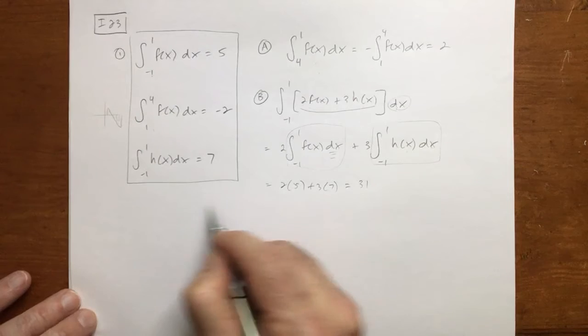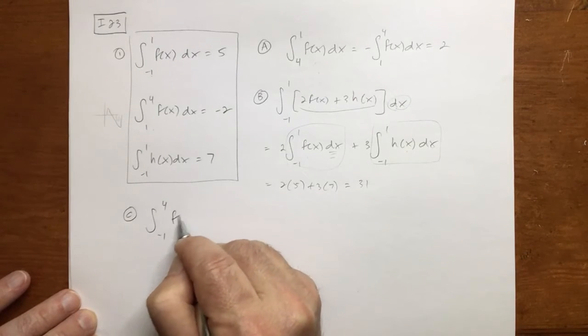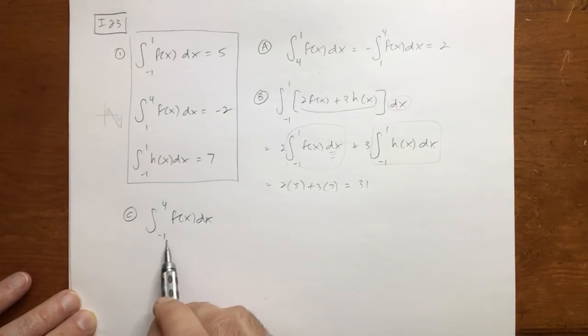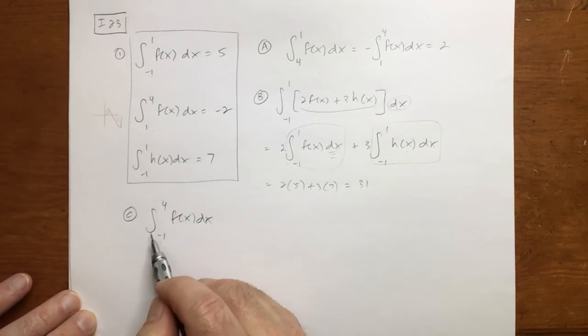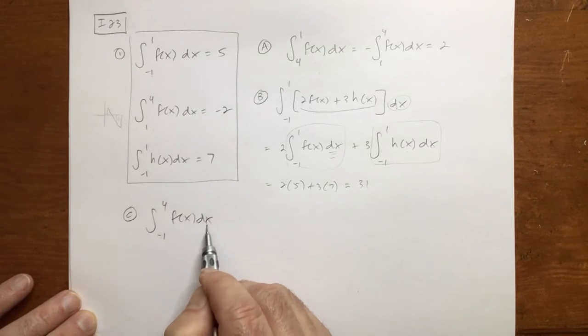All right, last one, like this. I would guess that you saw this one coming. So I want to find the area from -1 to 4 of f of x. Okay, we read this as the integral from -1 to 4 of f of x with respect to x.